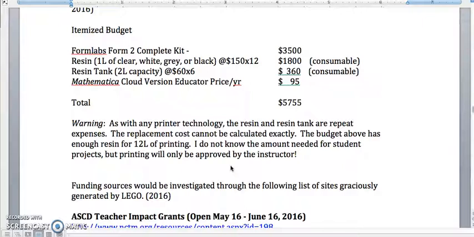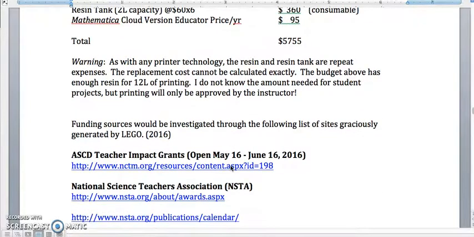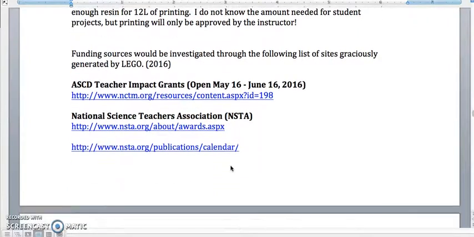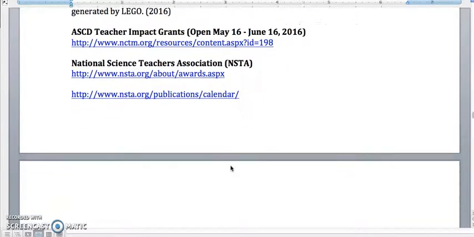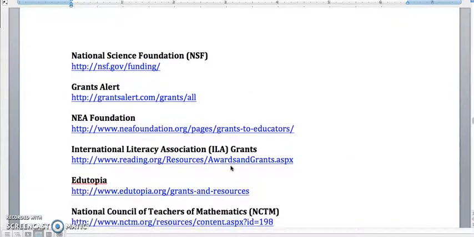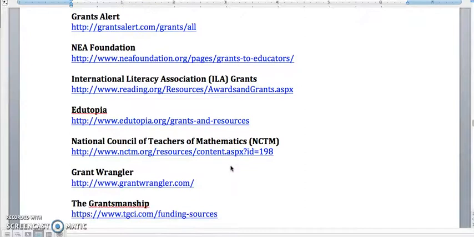And so I made a note here that you got to be careful about what you print. It is more expensive than other types of printer material, but they do make great objects through 3D printing. Again, here's a list of all the resources that was provided by LEGO to get some grants and funding for projects.